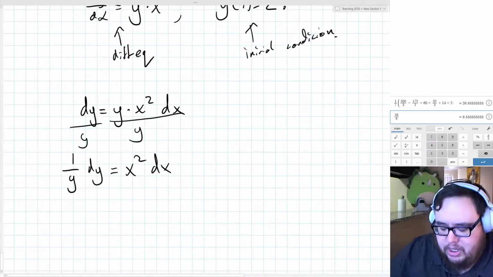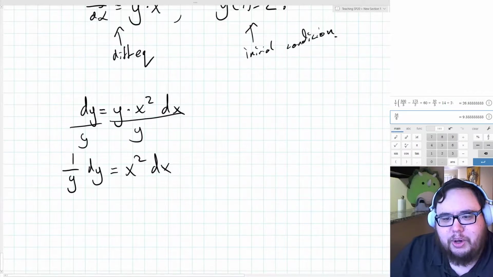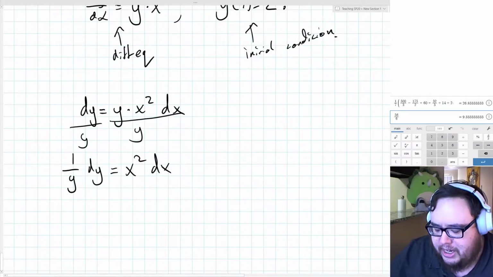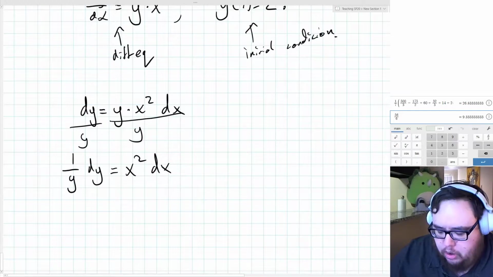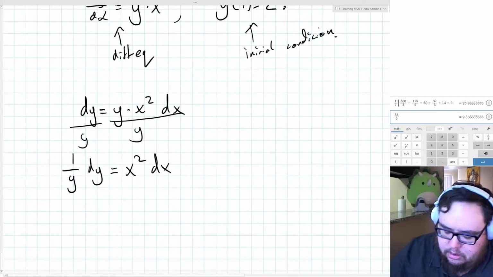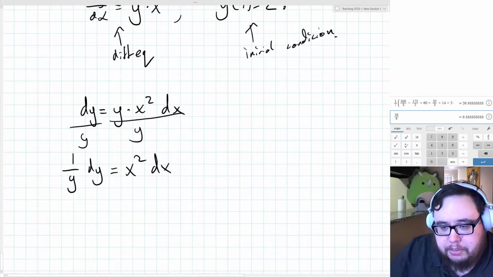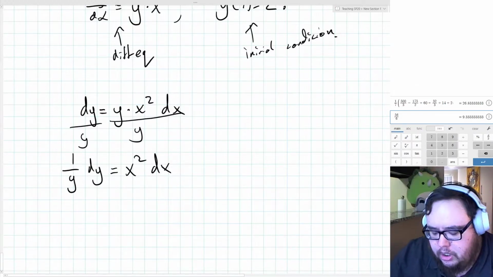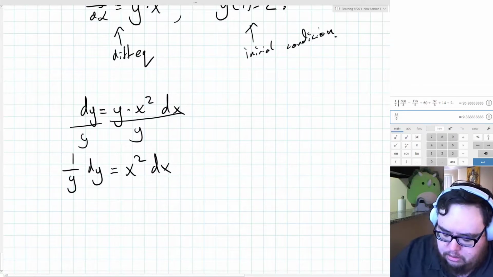Now for the first time, we've had actual things to integrate on both sides. It hasn't just been a constant on one of the two sides, but our technique doesn't change at all. We've still separated. We've got something in terms of y times dy is equal to something in terms of x times dx. Now we need to integrate.